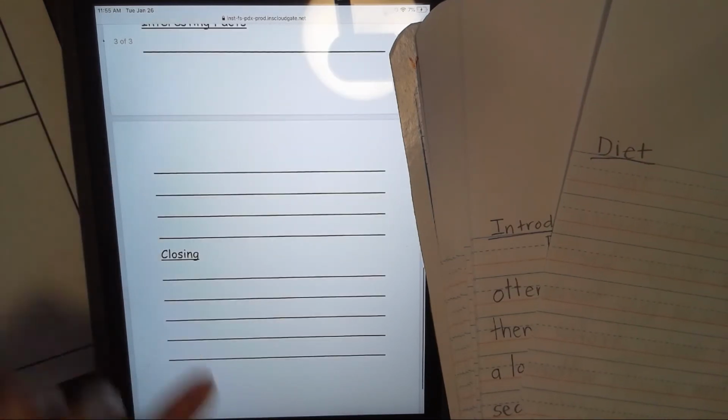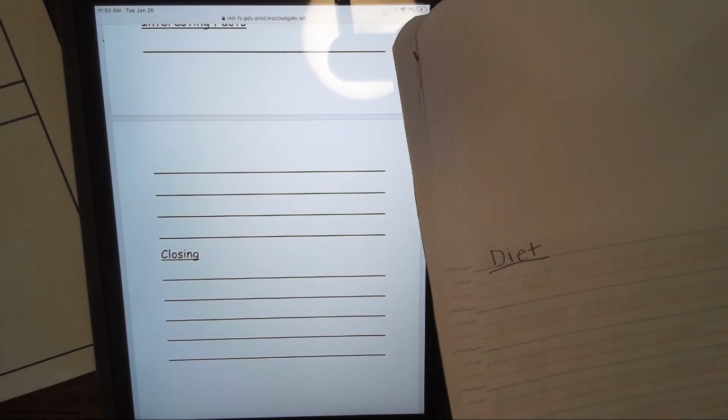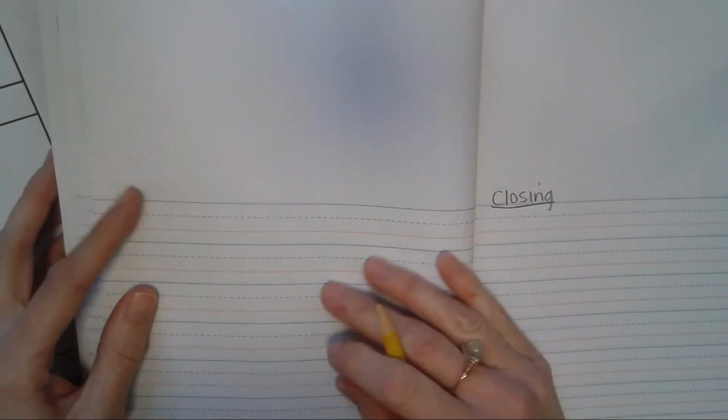And then when you get to your closing, you would say something like, I hope you liked learning about sea otters, and maybe you'll get to take a trip someday to see them in real life. Something like that. You're just going to tie in everything that you told about in your paper.